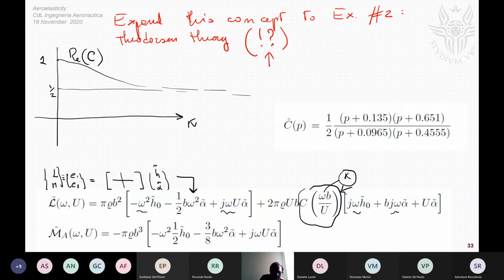The imaginary part of the Theodorsen function starts from 0, as all the imaginary parts in physical problems. At zero frequency, zero value for the imaginary part, and then it increases and then decreases to 0 asymptotically. And this is the imaginary part of the Theodorsen function.